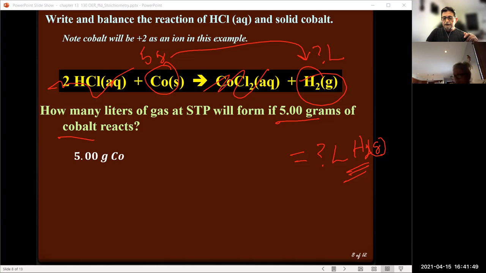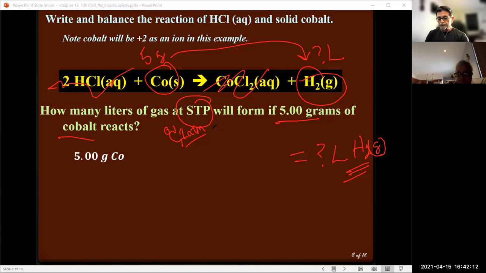Also, the other important information to keep in mind is they tell you you are at STP, which is 0 degrees Celsius and 1 atmosphere. They either will say STP or they may give you the temperature 0 degrees and 1 atmosphere. That infers that it is at STP.